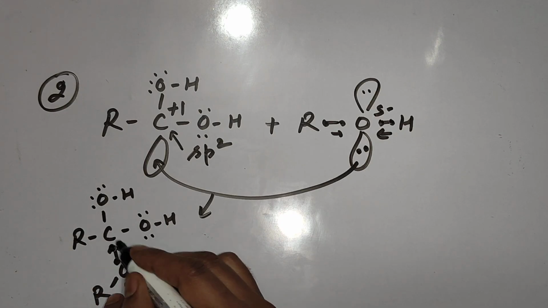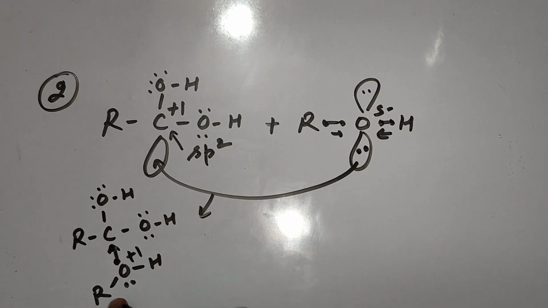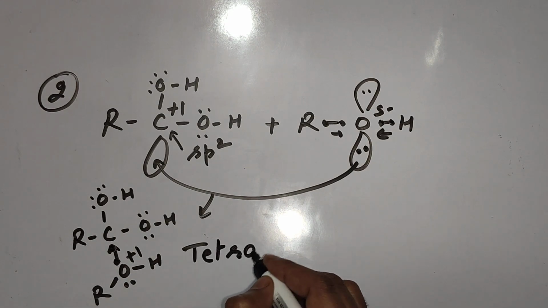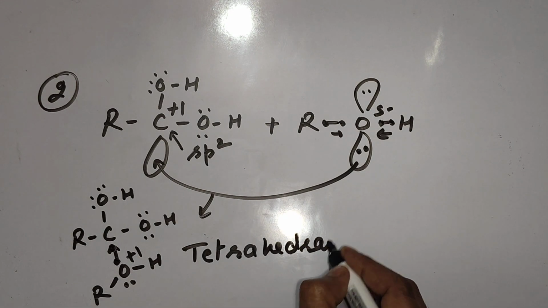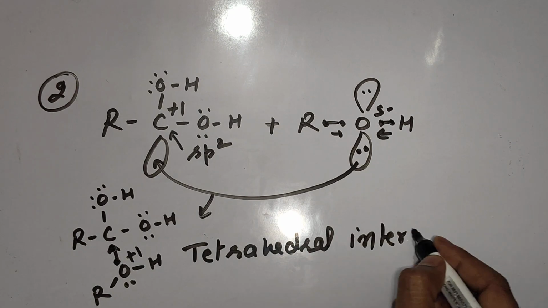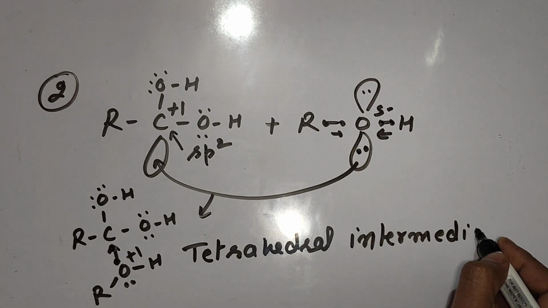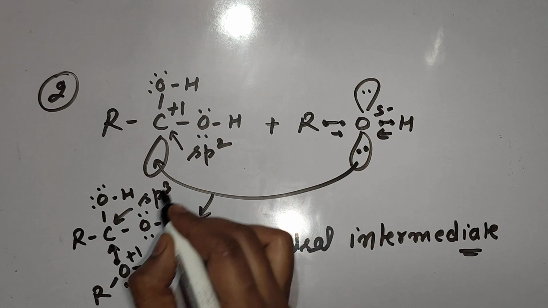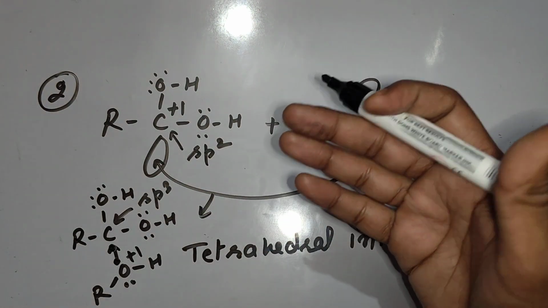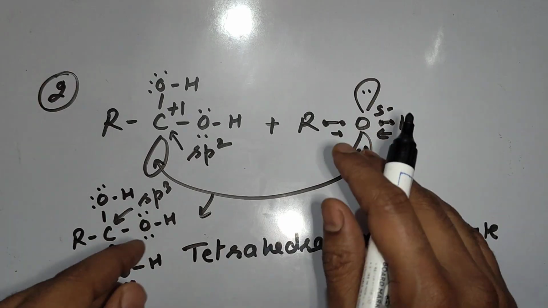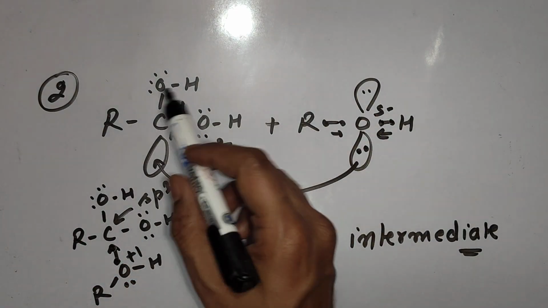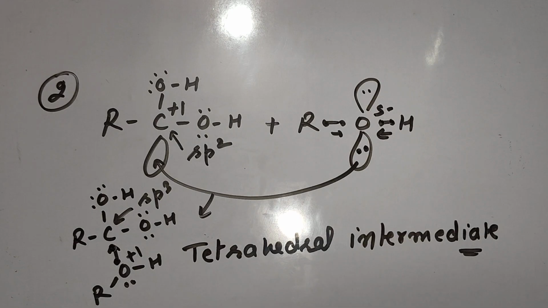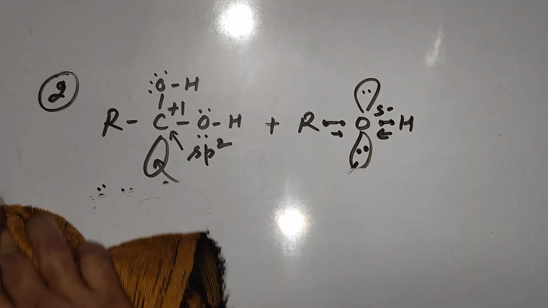So due to loss of one electron, it is carrying a +1 charge. This molecule is known as tetrahedral intermediate, because here the hybridization of carbon is now sp3, and we know sp3 hybridized carbons make which kind of structure? Tetrahedral. It was sp2, now its hybridization has changed to sp3. This is the tetrahedral intermediate. Step third.